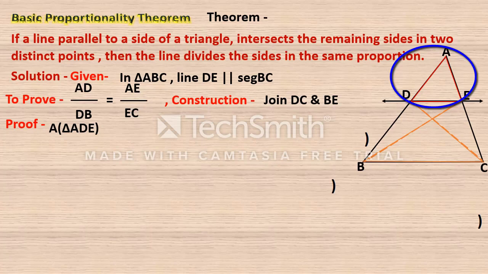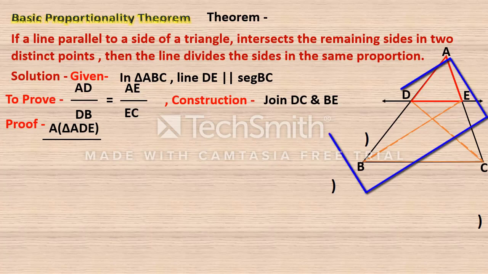Therefore, area of triangle ADE divided by side DB, included in which triangle? That is triangle BDE, means divided by area of triangle BDE.